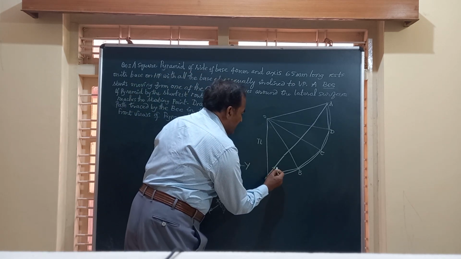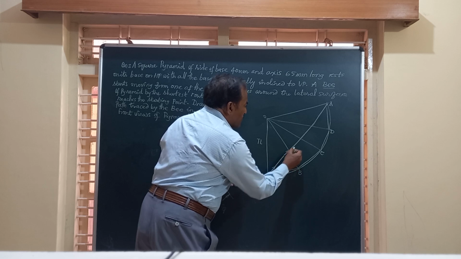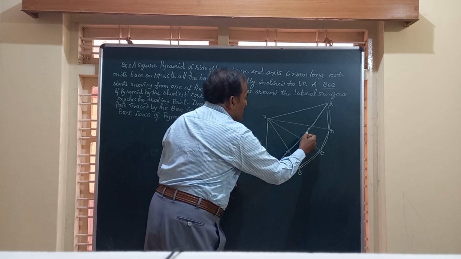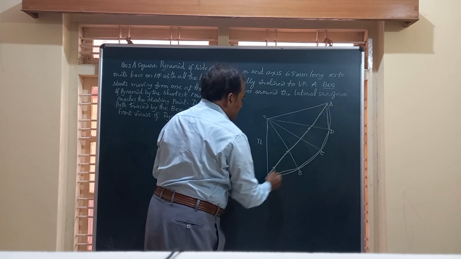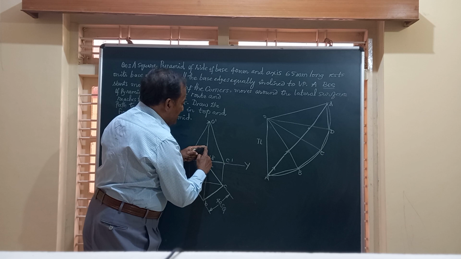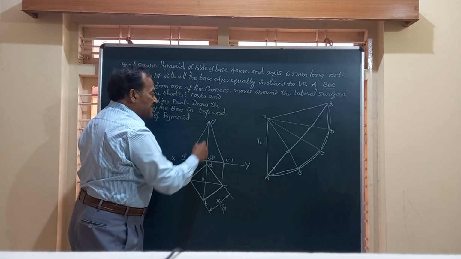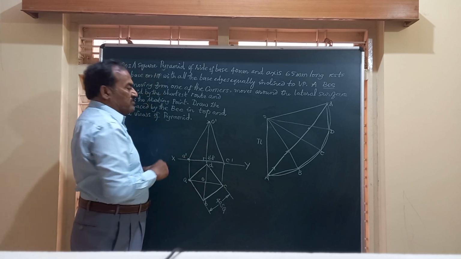It will start from A, move like this, touch this point, move further, and again come back to the same. So it will start from A, go to this B, there's OB, then OC, then on the backside you have got OD, and come back to that.